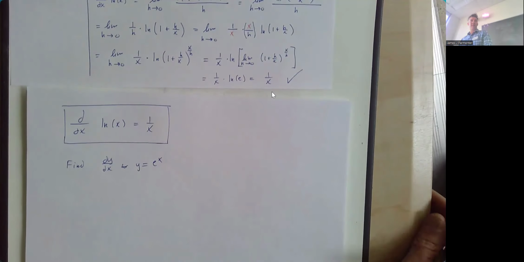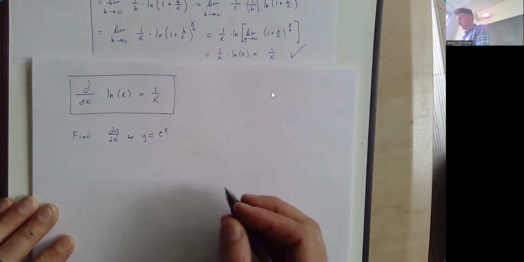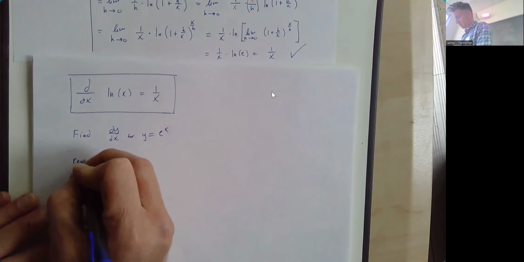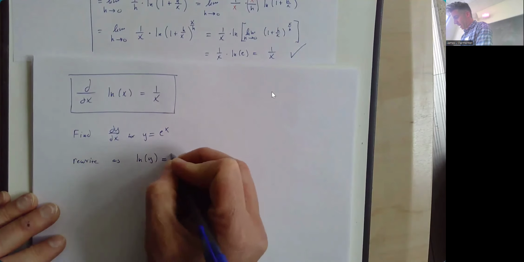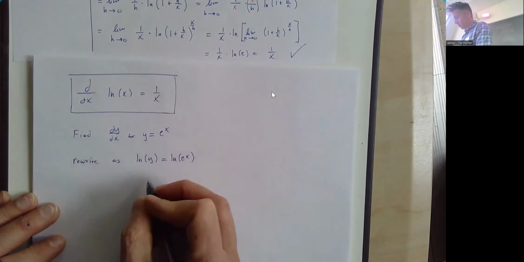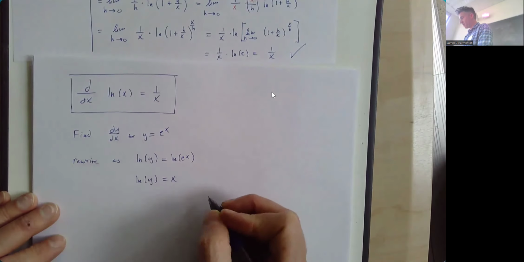The reason I'm writing y equal to e to the x is because I'm going to take the natural log of both sides. So I'm going to rewrite this as the natural log of y equal to the natural log of e to the x, which just becomes the natural log of y equal to x.